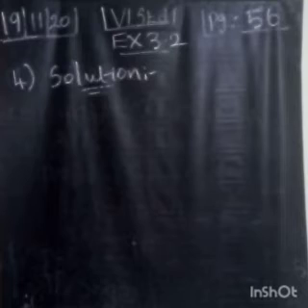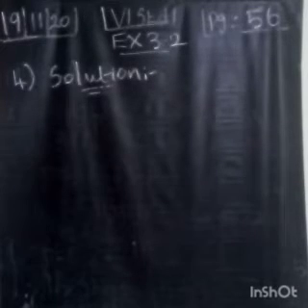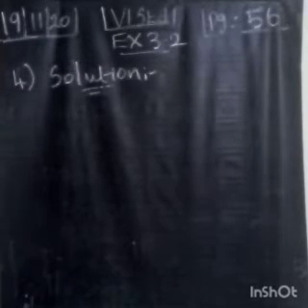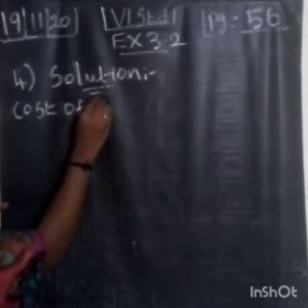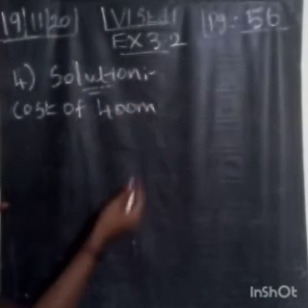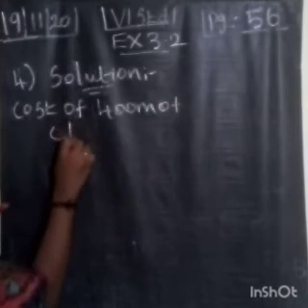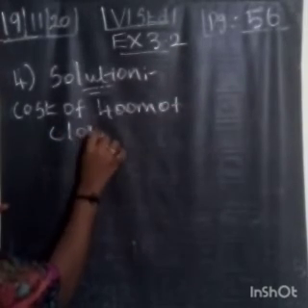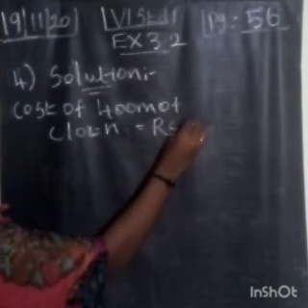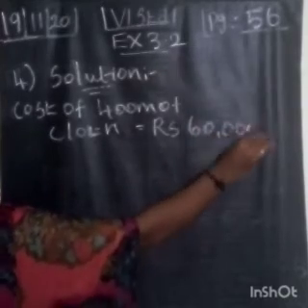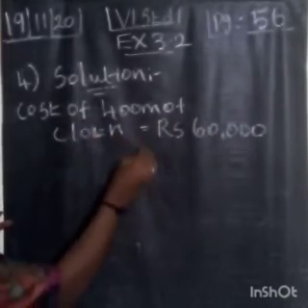In this problem, they are given that a man bought 400 meter of cloth for rupees 60,000. So here the cost of 400 meter of cloth equals rupees 60,000.